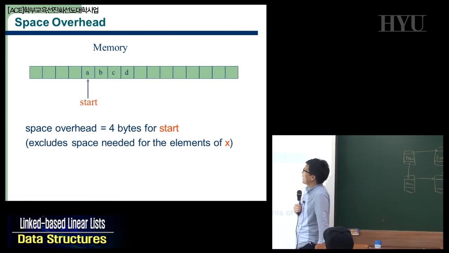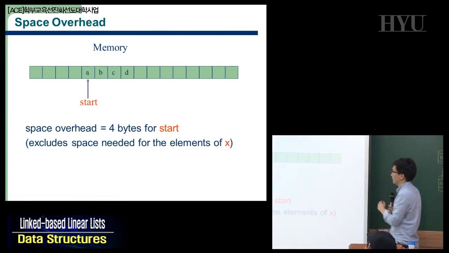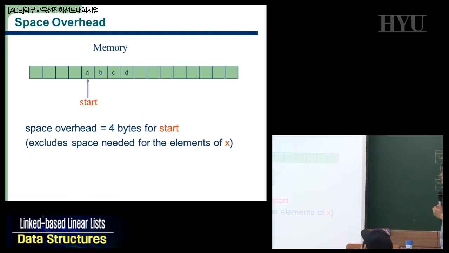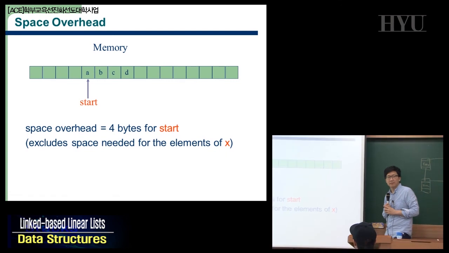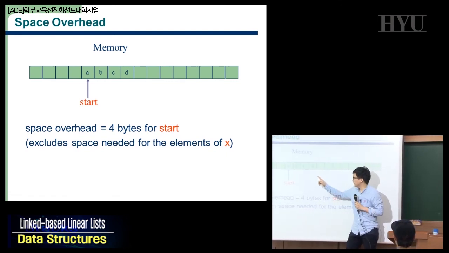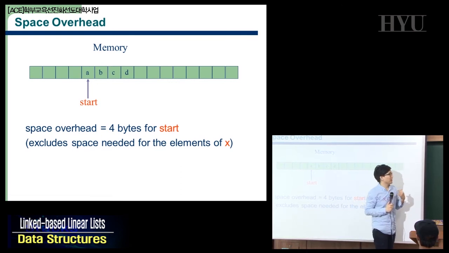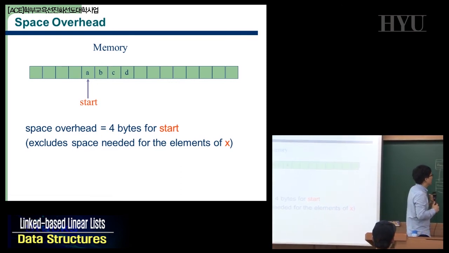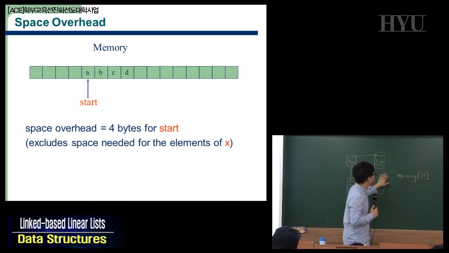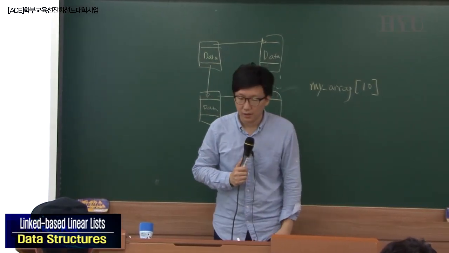Space overhead. Memory. Like that. Space overhead 4 bytes for a start. Character 4 bytes takes to store 4 bytes. So another 4 bytes, 4 bytes. So in case of character, character is 1 byte here. Let's change to integer. It's okay.